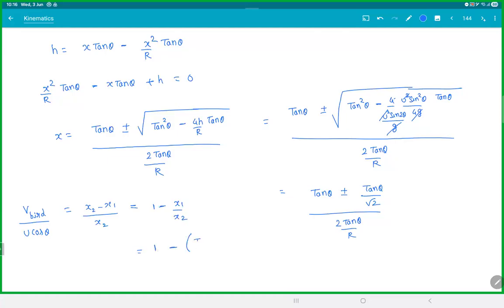So this is 1 minus tan theta plus or minus. This tan will cancel everywhere. So this will be root 2 minus or plus 1 by 2 root 2 tan theta by r. The denominator will cancel anyway, luckily. Root 2 plus or minus 1. So you take root 2 minus 1 and root 2 plus 1. You can simplify this further.